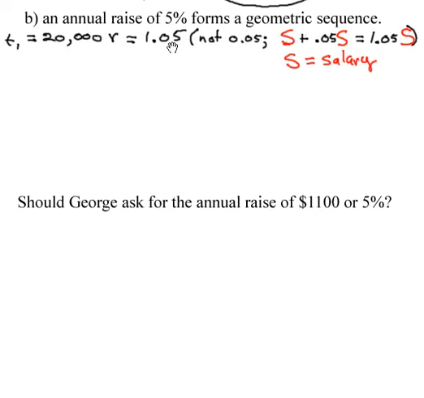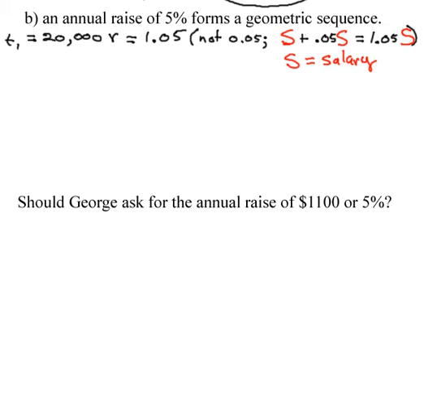And the question is, why? Well, if S represents George's salary, the second year, we take his original salary, multiply it by 0.05, and add that to the original salary. So 1s plus 0.05s is 1.05s. 1.05 is our common ratio.